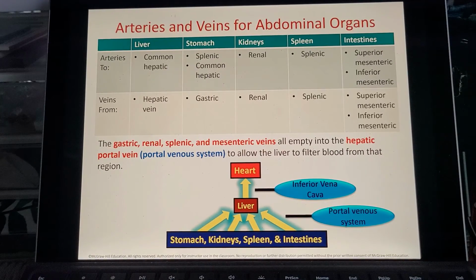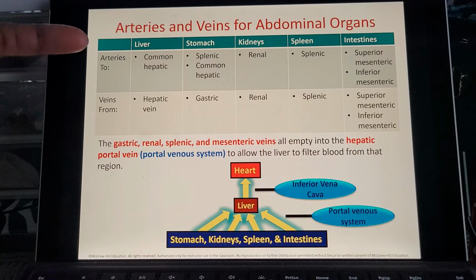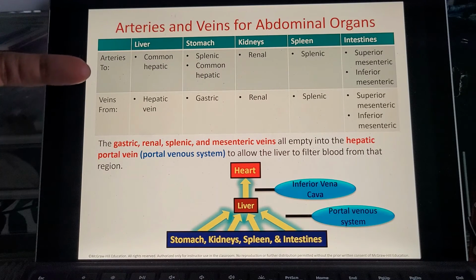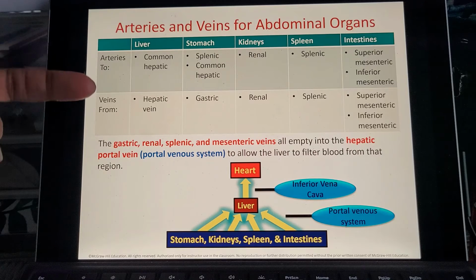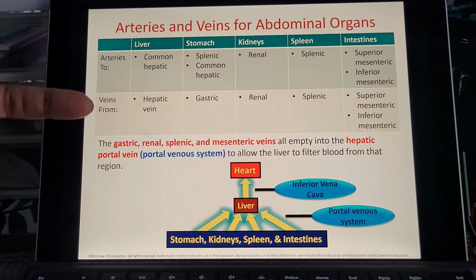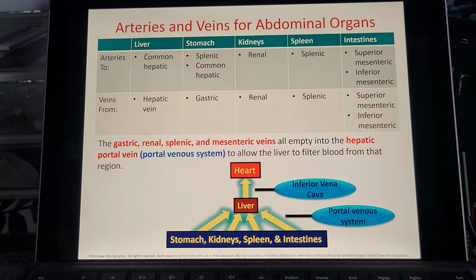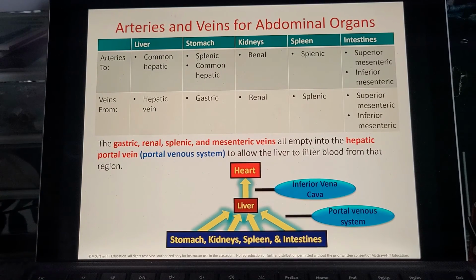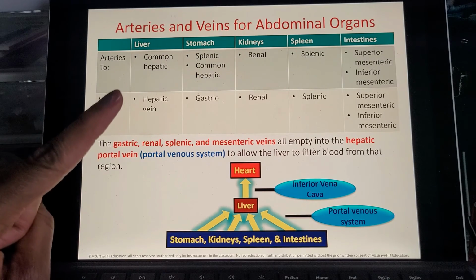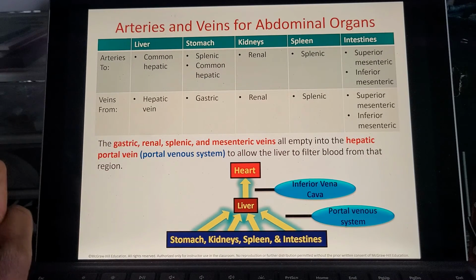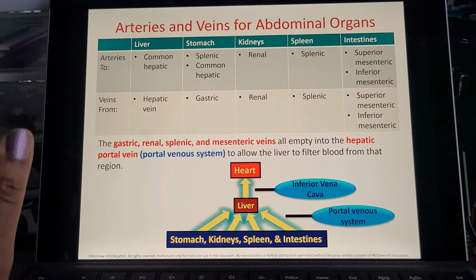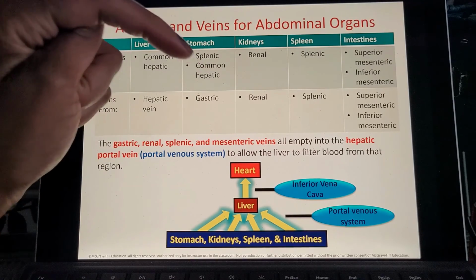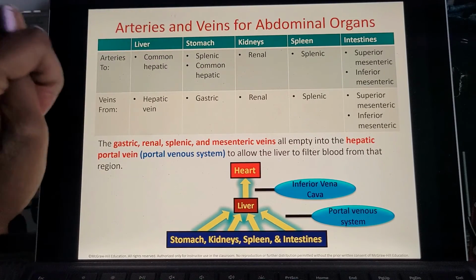So knowing this table, the top line is the organ, the second one is arteries to said organ, the third one is veins from said organ. Some of these are fairly easy. We have our liver, common hepatic, so the hep portion referring to liver is the artery to; the vein away is also hepatic, so just the vein. Stomach, we get the splenic and the common hepatic.